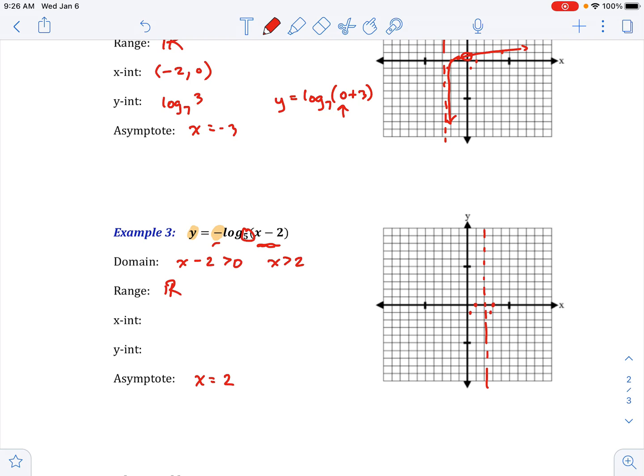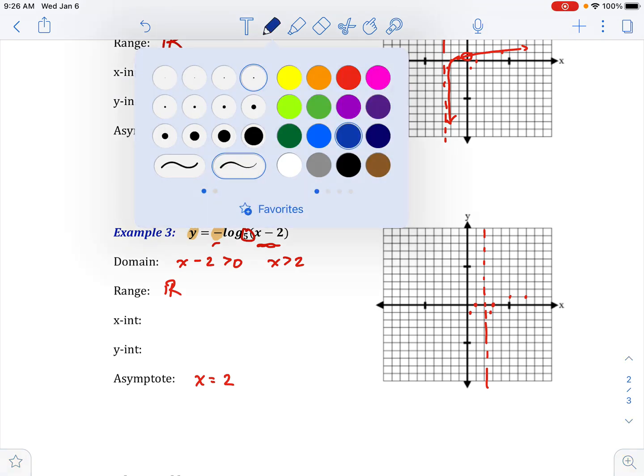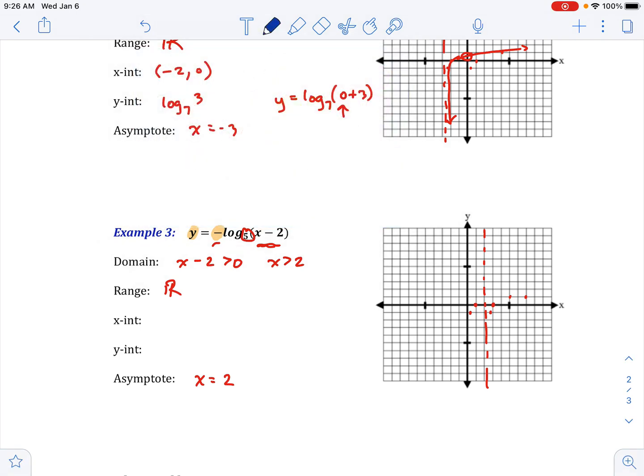And then you have a 5 comma 1, which is going to shift over by a value of 2, and it comes over here. But now what we have to do is flip them over. So now we have a 1/5 comma 1. We still have a 1 comma 0, and now we've got a 7 comma negative 1. So this is using the idea of shifts.